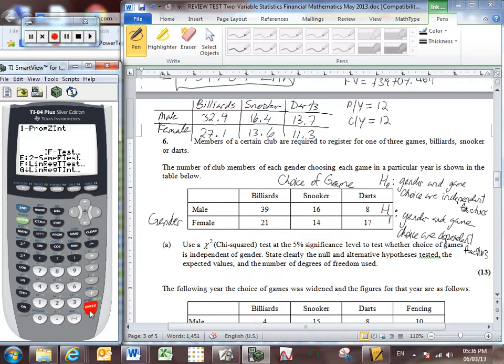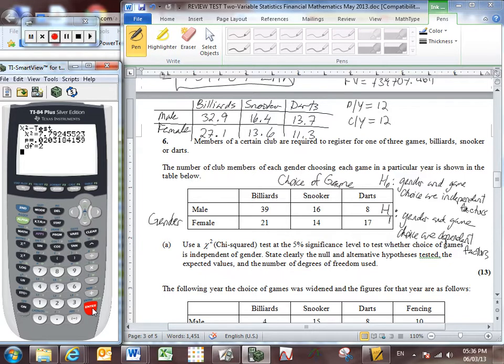There we go, oh golly, sorry, it must be so agonizing to watch me make mistakes like this. I'm telling you, it's not me, it's the calculator. Come on. There we are. Chi-squared test, calculate. Good.